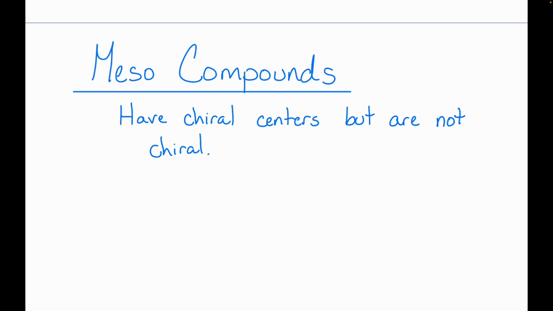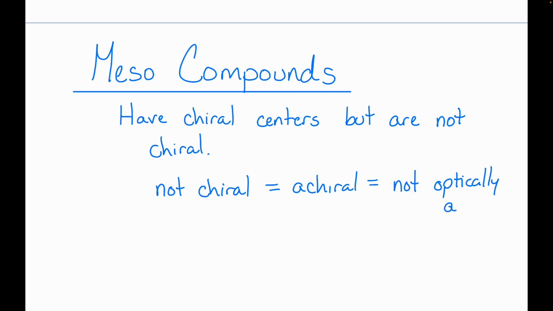They are not different from their mirror image. If you took their mirror image, you could indeed superimpose it on that structure. Even though they have these chiral centers, they are not chiral. So these would be called achiral, not chiral. The fancy way of saying not chiral is achiral, and again, that means it's not optically active. So these meso compounds have chiral centers, but they're not optically active. They are not themselves chiral.